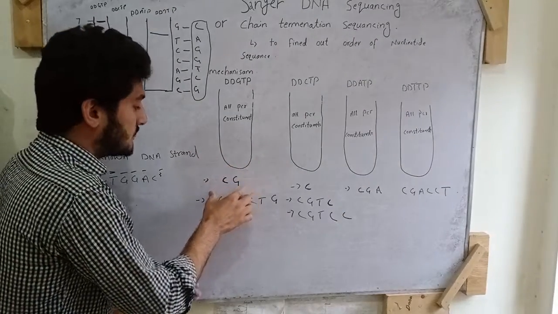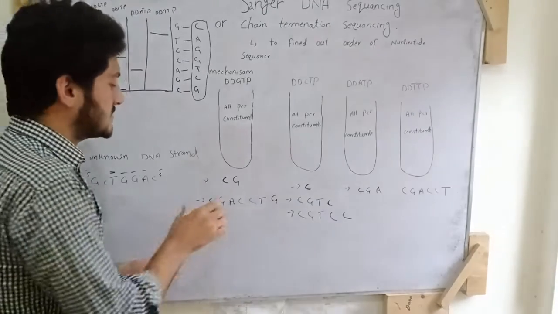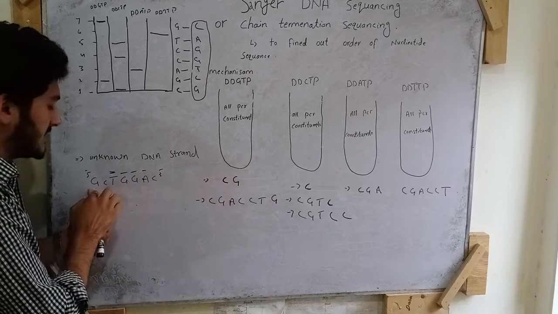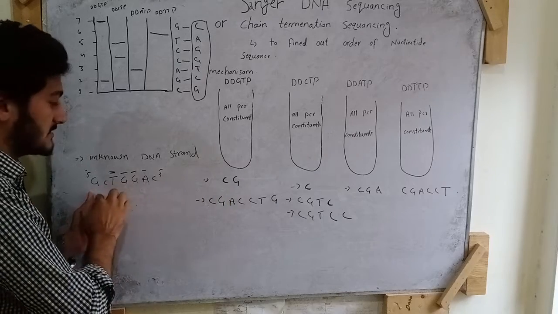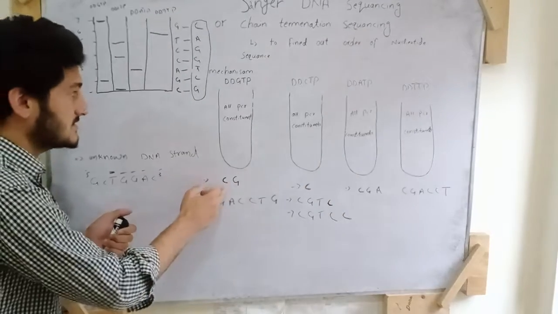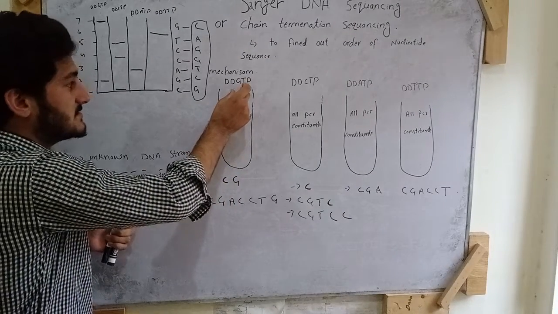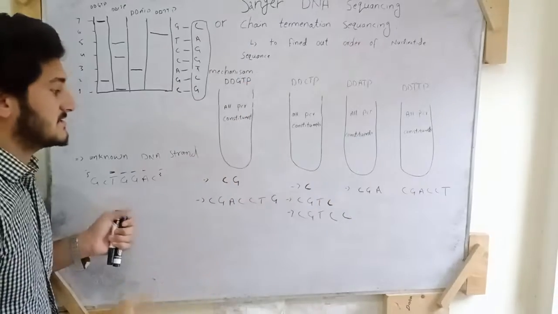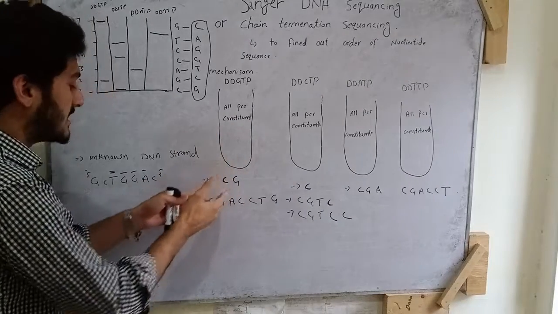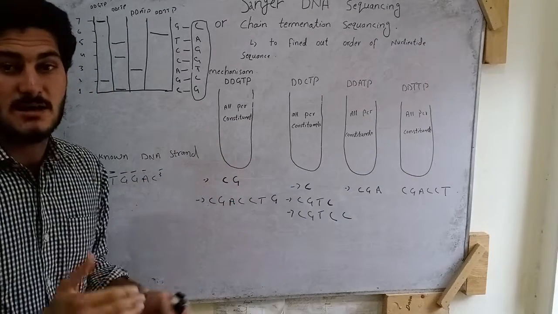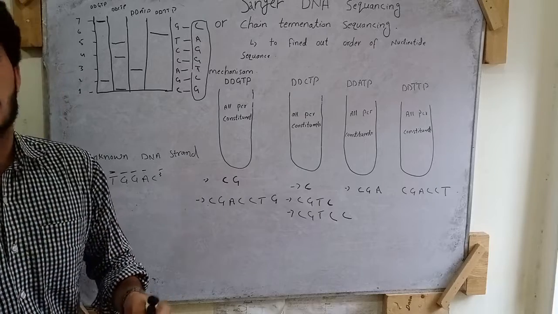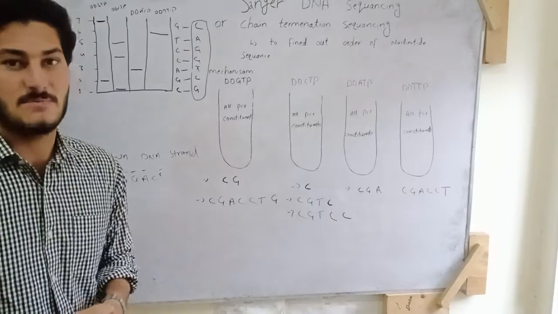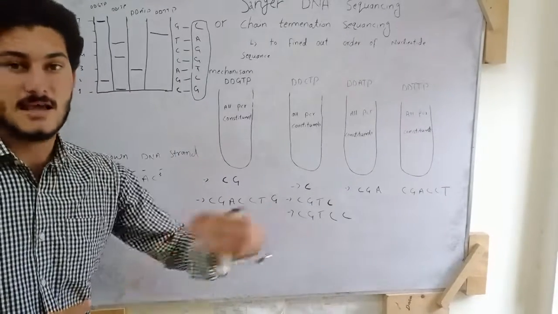When the polymerization process starts, Taq polymerase adds C against G. We know that the complement of G is C. So in this tube we add ddGTP. At this C position the chain will be terminated because the dideoxynucleotide is attached. The termination takes place because in the third carbon position the oxygen is absent in this dideoxy-GTP, so polymerization does not take place.